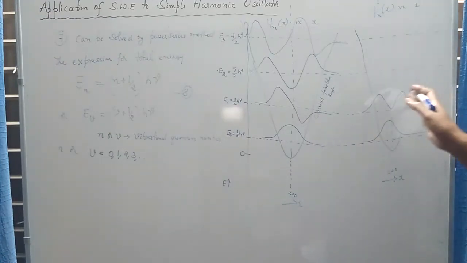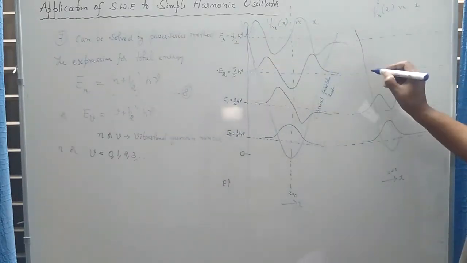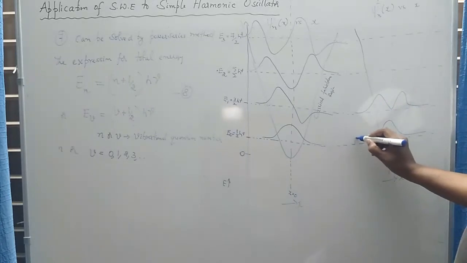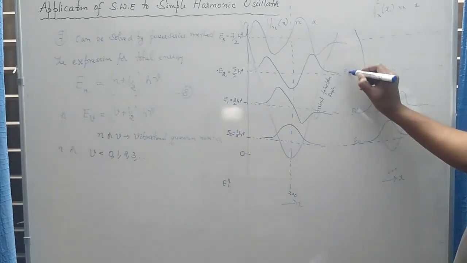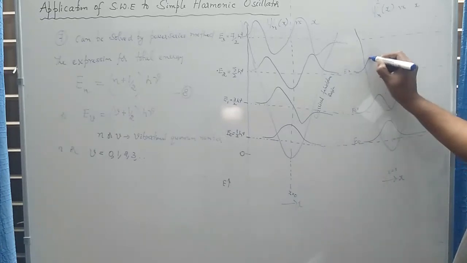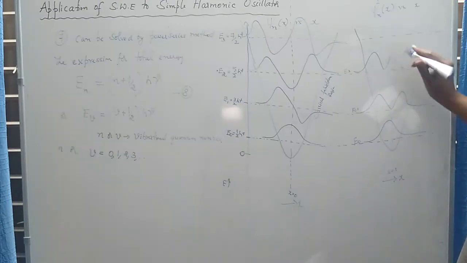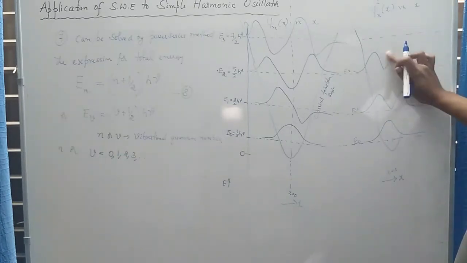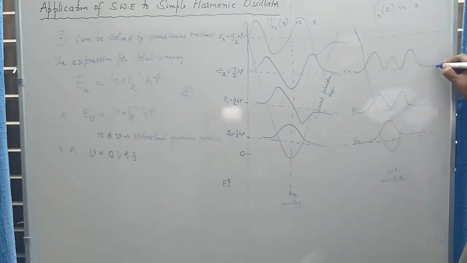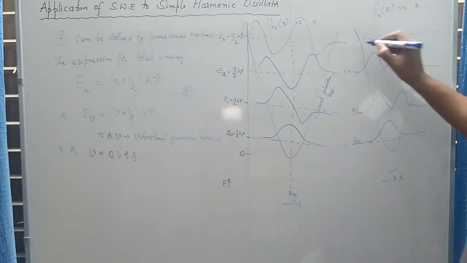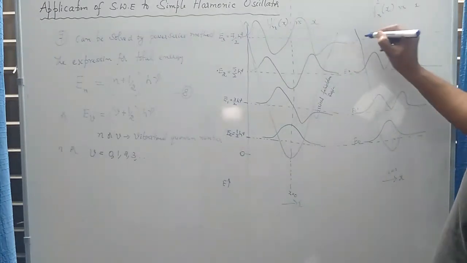The graphs that are drawn are not perfect. For n is equal to 2, this is E0, this is E1, now for n is equal to 2, the graph will contain 3 maxima, like this. Similarly for E3, that is when n is equal to 3, you get 4 maxima.